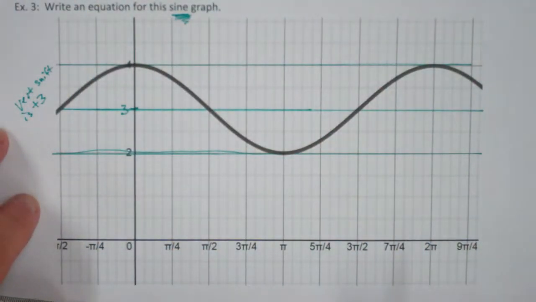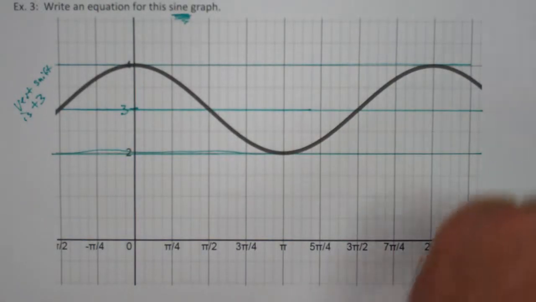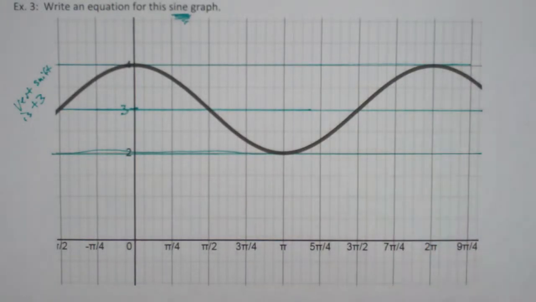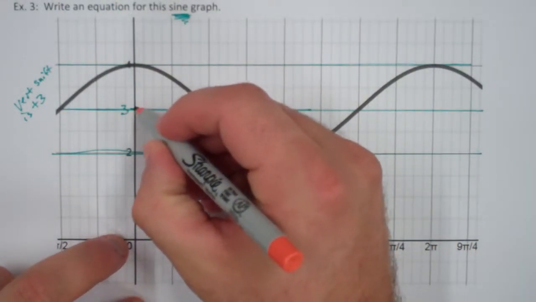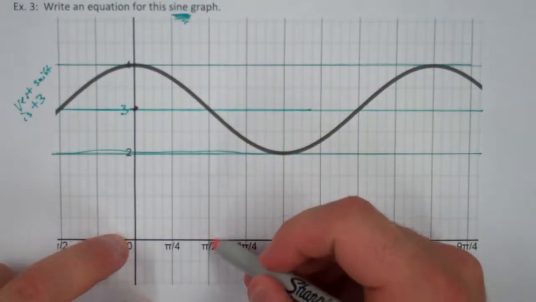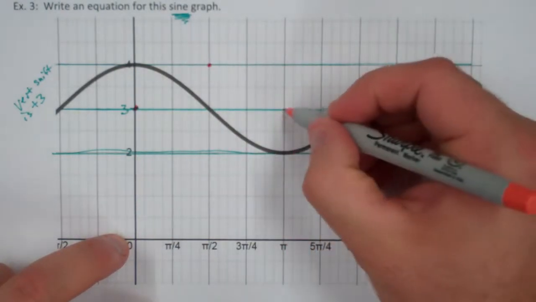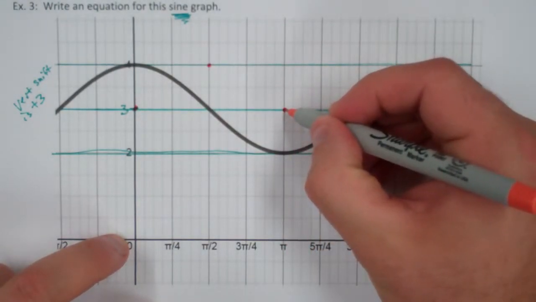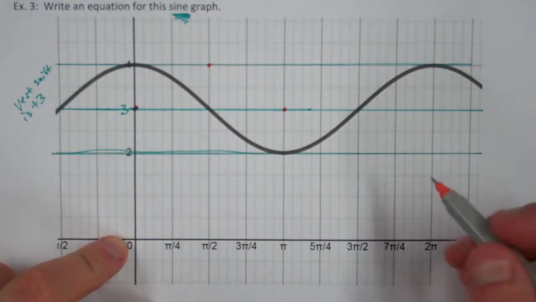or up 3. The next thing we need to do is draw ourselves a regular old sine curve that has this vertical shift as well. So a regular sine curve would start here at the midline. At pi over 2 it's going to reach its height, and then at pi it's going to come back to 0, and the sine of pi is 0, but we're always adding 3, and that's why all the y values are up 3.